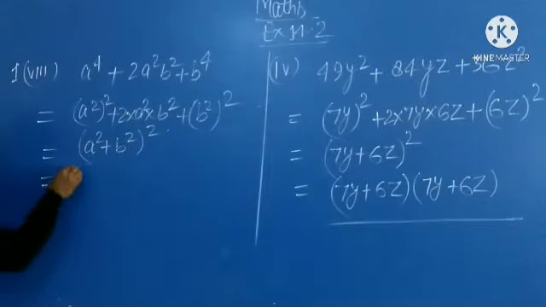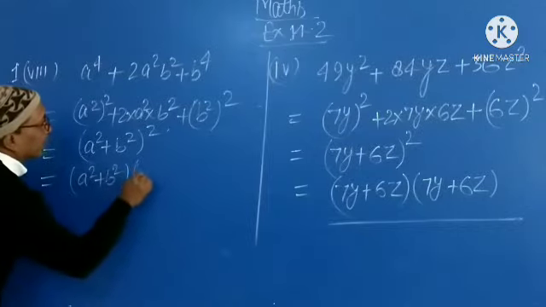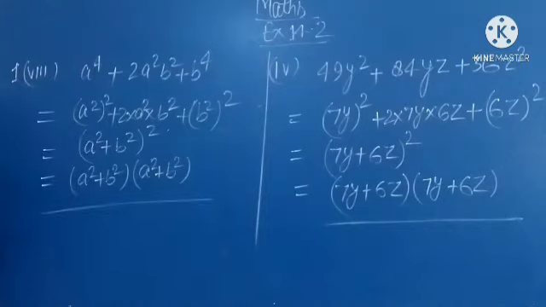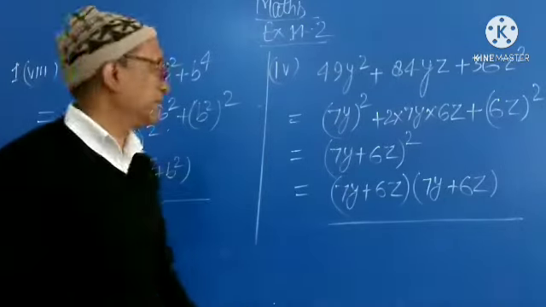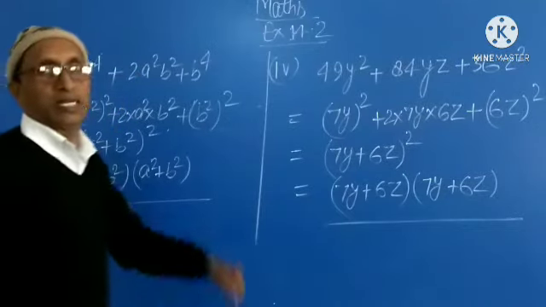That is written in the form of (a square plus b square) in the first bracket and (a square plus b square) in the second bracket. This is written in the form of product of two factors. Therefore, this is the factorization of this expression.